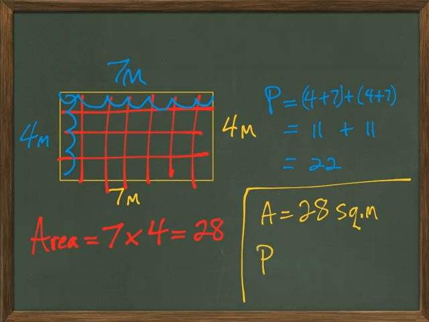Perimeter, on the other hand, is going to be 22.